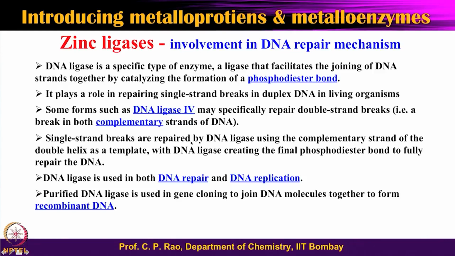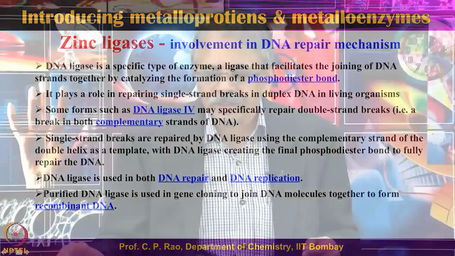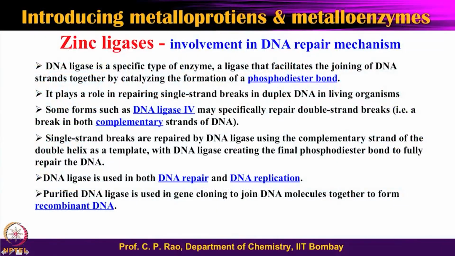As you know very well, in the body DNA cleavage keeps happening continuously, and the ligases act on this and repair it. This can happen because of chemical assault, or radiation assault, and sometimes UV radiation can also create this. So, DNA ligase is used in both repair as well as replication.